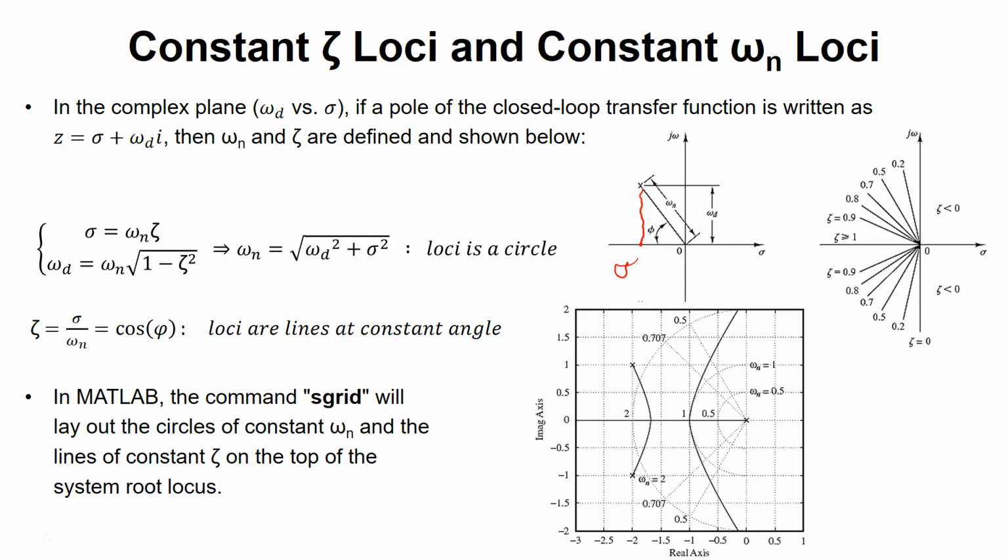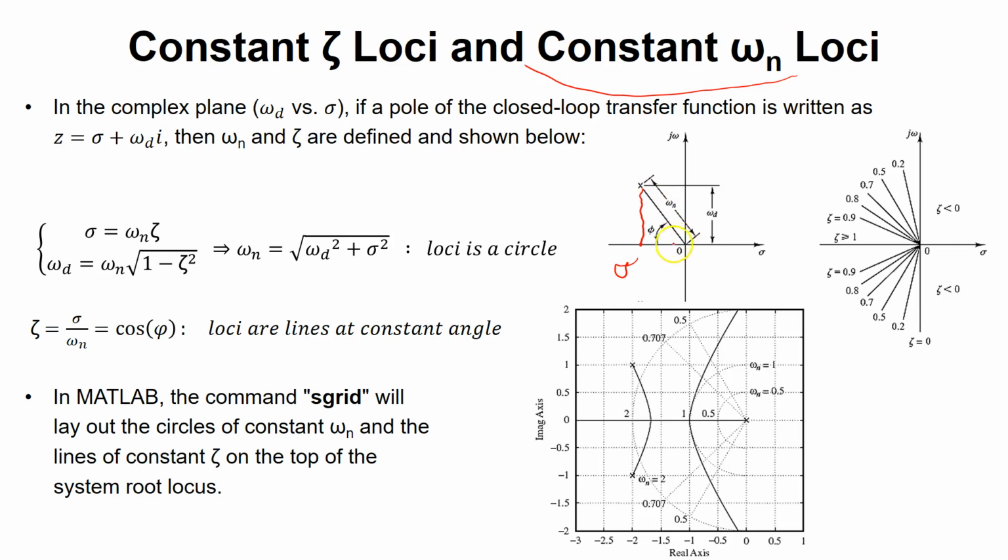When I say omega n is constant, here I'm looking at the loci or locus, the locations in the complex plane that indicate a constant omega, right? So what is constant omega? Constant omega means the locations where this radius, this distance from the poles to the origin, is constant.